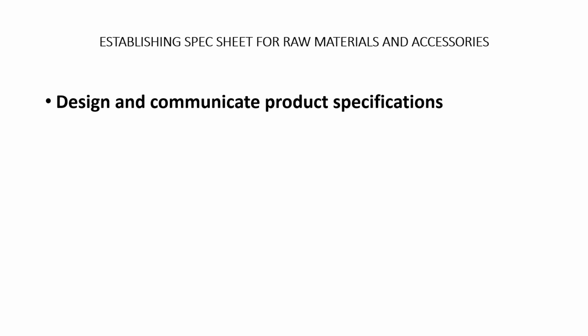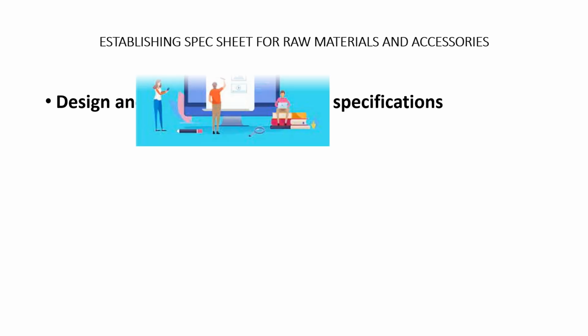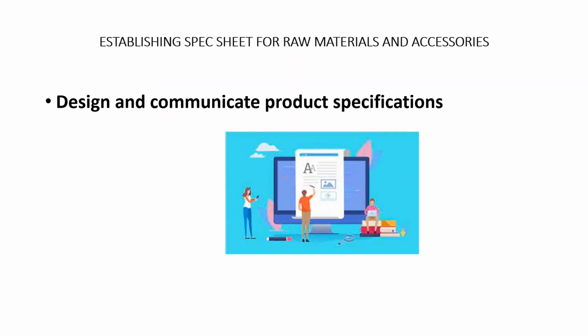So all things are there in these communications. So we have to see now how it is getting done. So product specification and design are very important. Those things are with the retailer and they have to communicate them to the factories. Now how will they do it? That is the question.